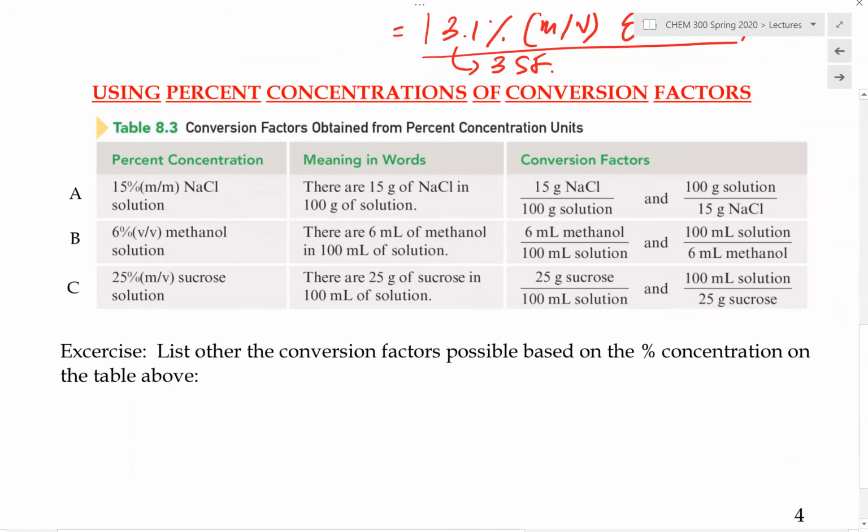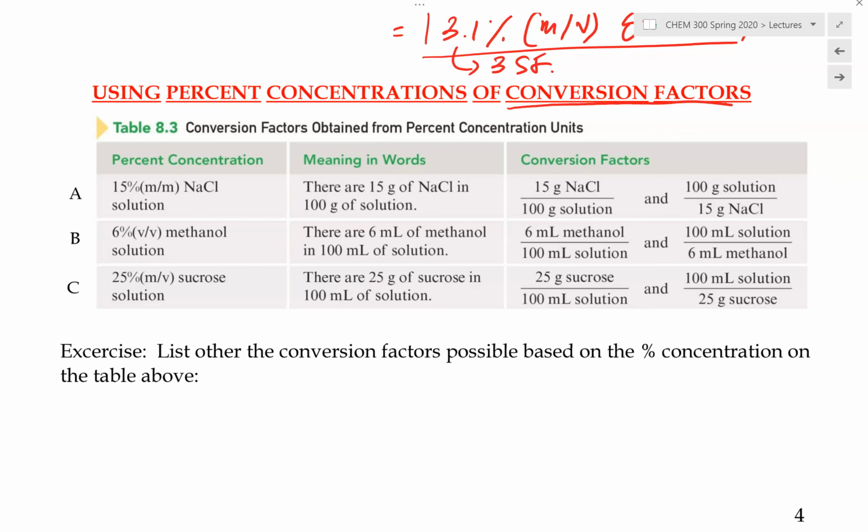And now, very, very important. This is perhaps the most important part of this lecture video that we want to make sure you pay attention to. So how do we use these different percent concentrations as conversion factors? Knowing how to use all of these percent concentrations as conversion factors is really the key to solving chemistry problems.